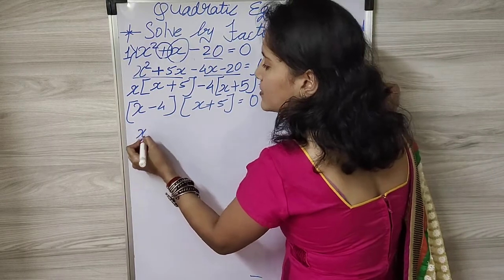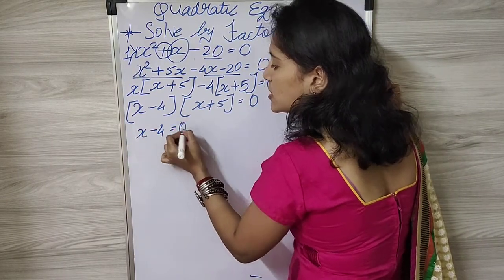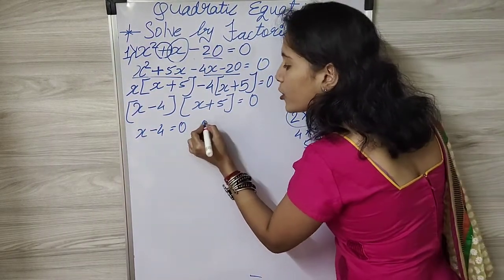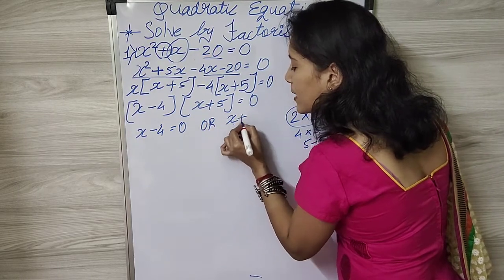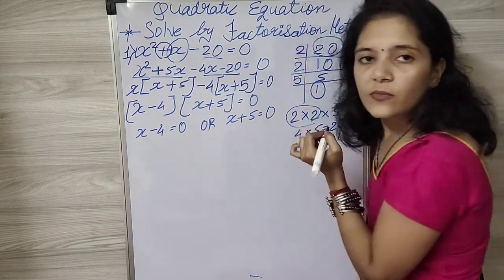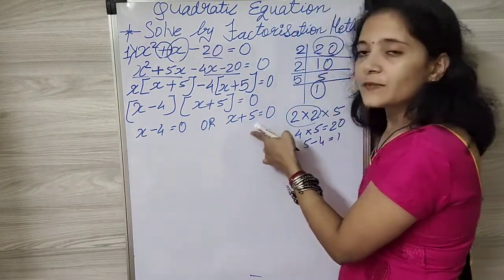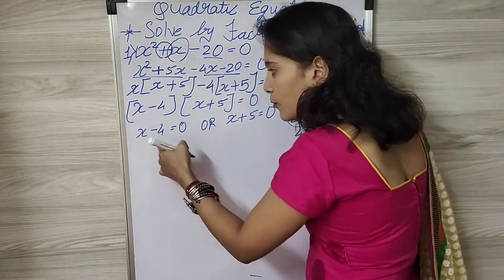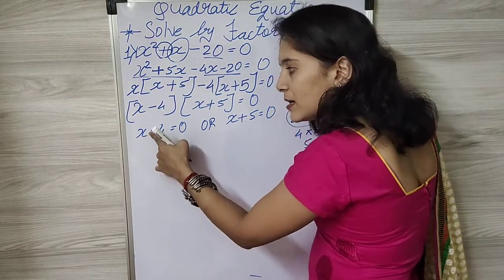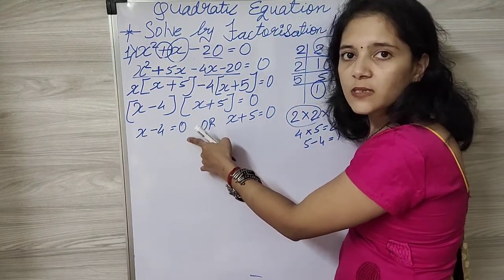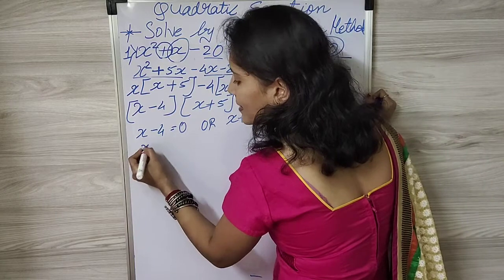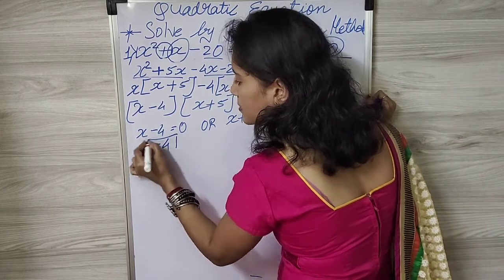So x minus 4 is equal to 0, or another option is x plus 5 is equal to 0. Now x minus 4 is equal to 0: when minus 4 shifts to this side, it becomes plus 4. So x is equal to plus 4.